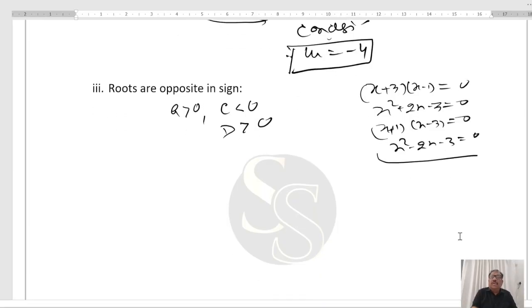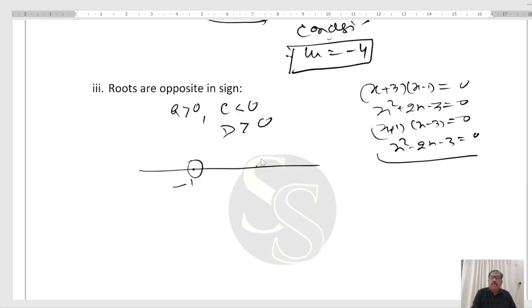What value of D was given to us? (m plus 1)(m minus 4), and c should be less than 0. That is, m plus 5 should be less than 0, so m should be less than minus 5.